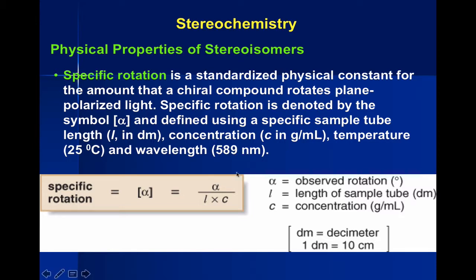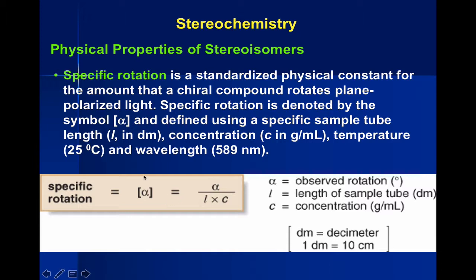That's the sodium D line. But you can use other wavelengths. You just have to know what you're doing with that. And the length of the sample tube is in decimeters. So by definition, we almost always use a 1 decimeter tube, but you don't have to. But the L has to be listed in units of decimeters. And so you do the math and you can actually calculate the specific rotation.